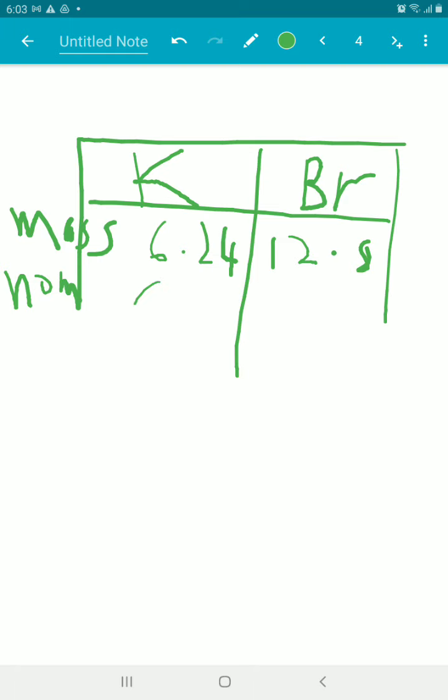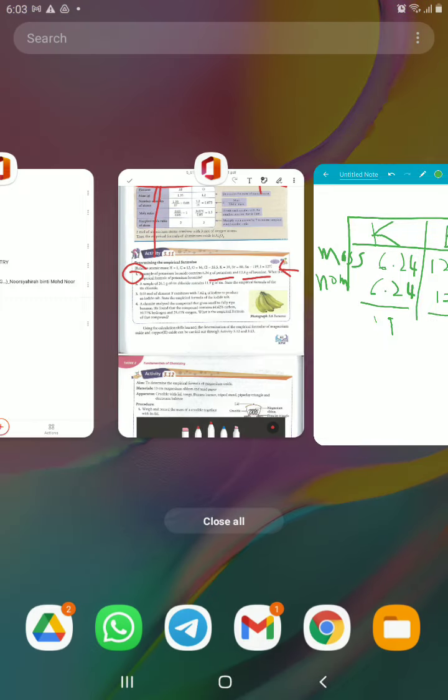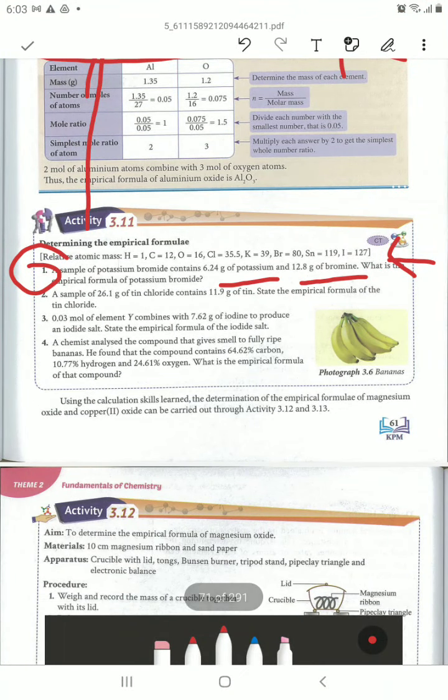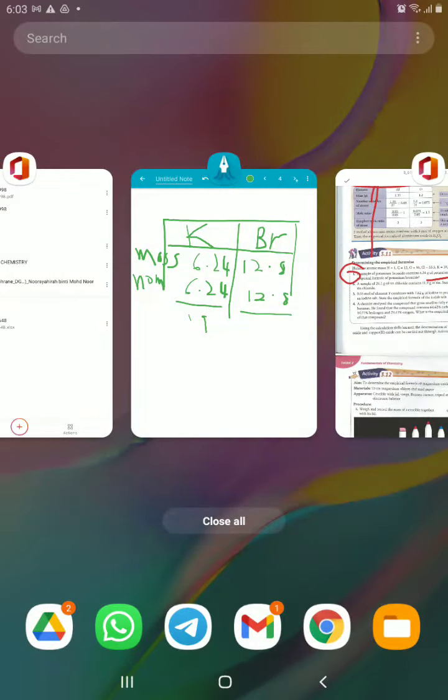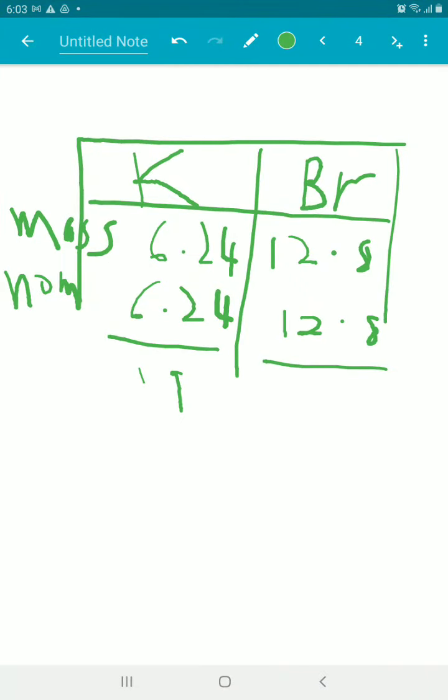Number of mole of potassium is 6.24 divided by 19. 19 is the RAM for potassium. And for bromine, 12.8 divided by 80. So 12.8 is divided by 80.